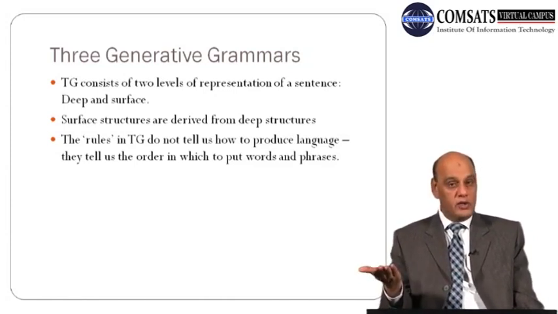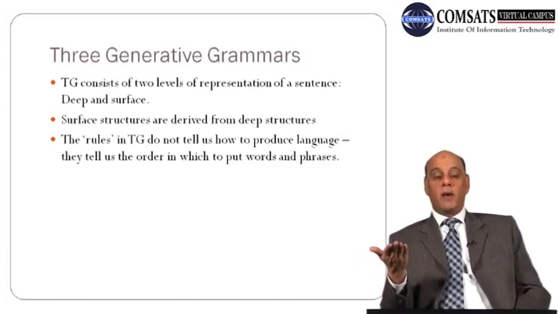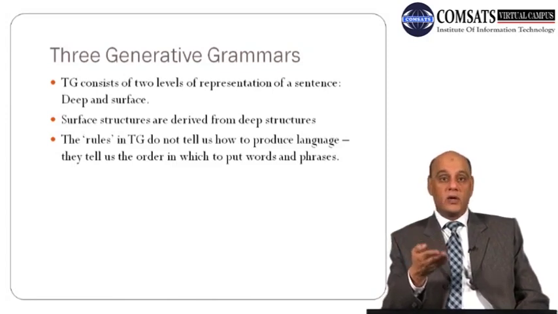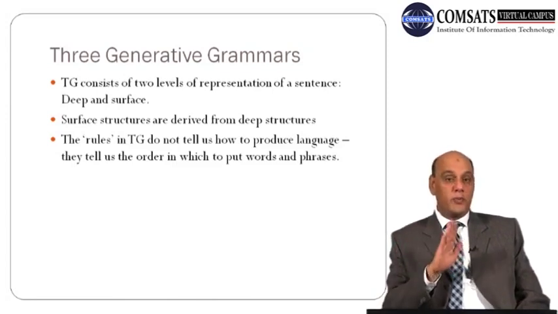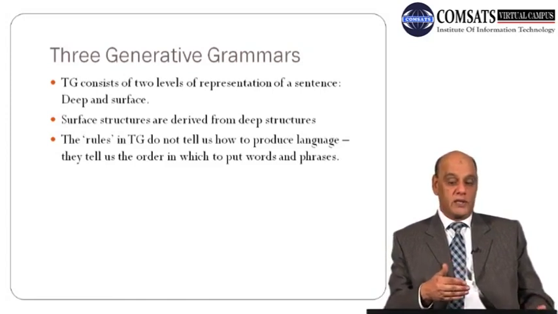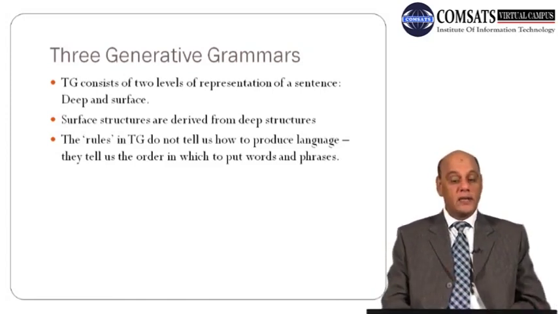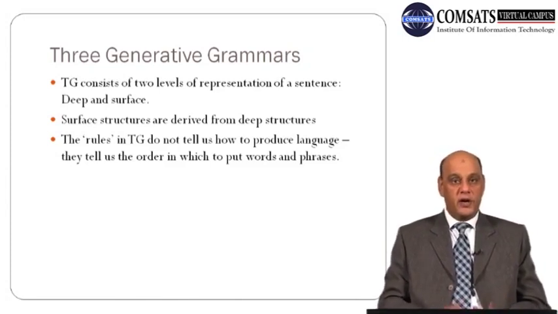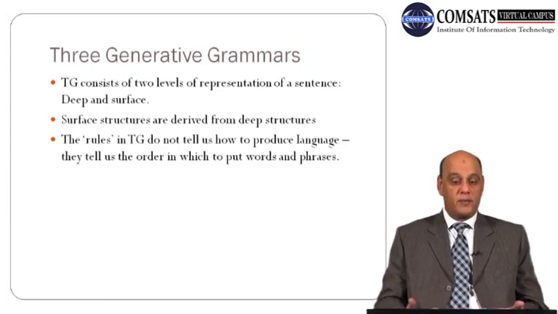It tells us the order, the arrangement. So the focus here is on the arrangement: how to put words and phrases in order to produce meaningful sentences. The rules tell us the order in which the words and phrases are put.